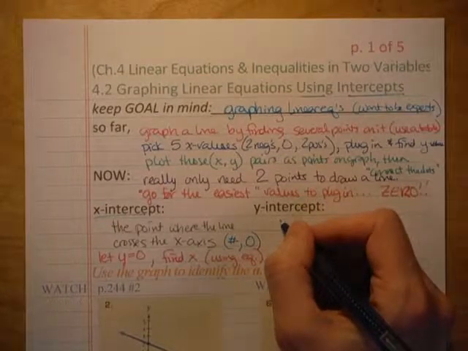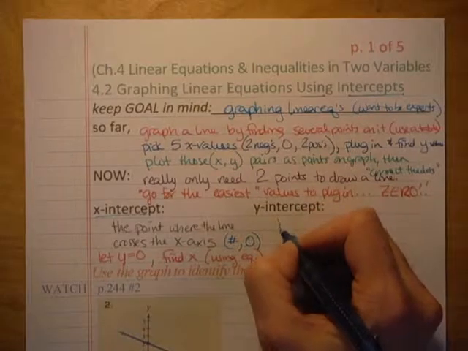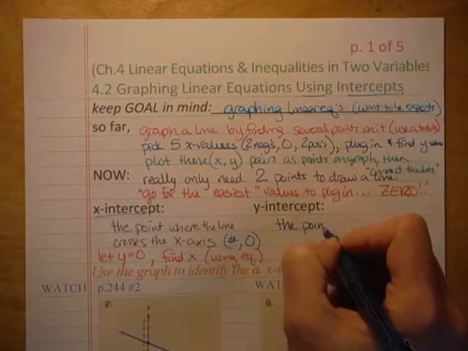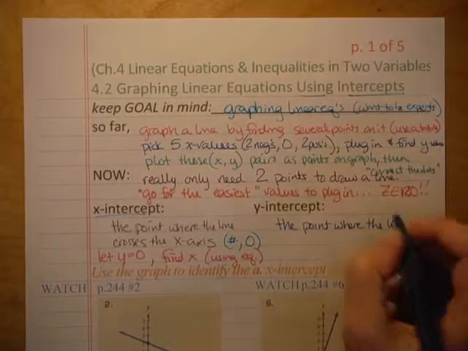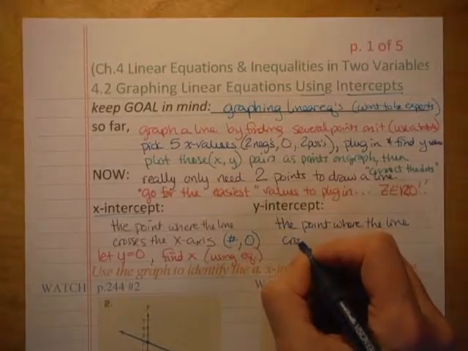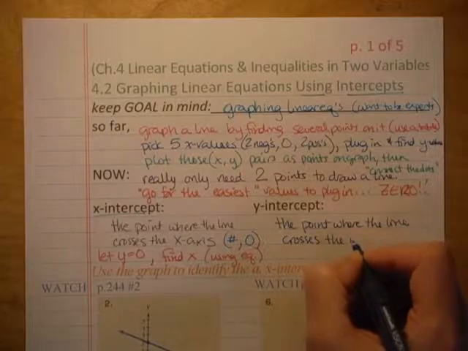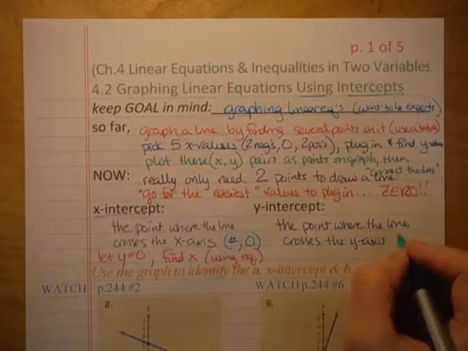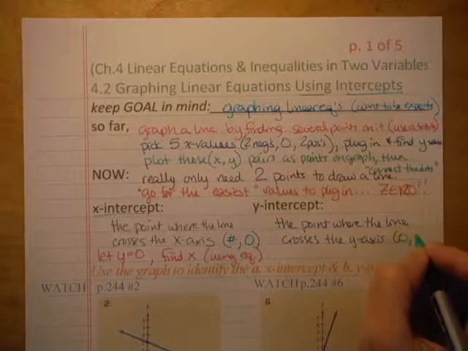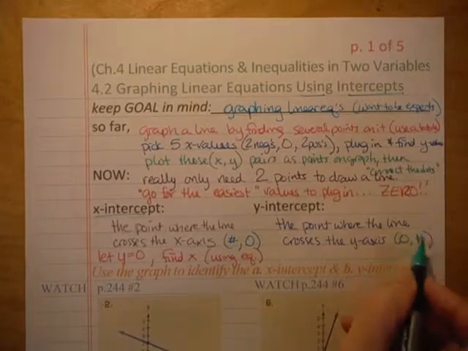Okay. So then the y-intercept is just going to be that same concept, only now the y-intercept is the point where the line crosses the y-axis. So the y-intercept is the point where the line crosses the y-axis. It would be the point where there's a 0 value for x and some other number for y.